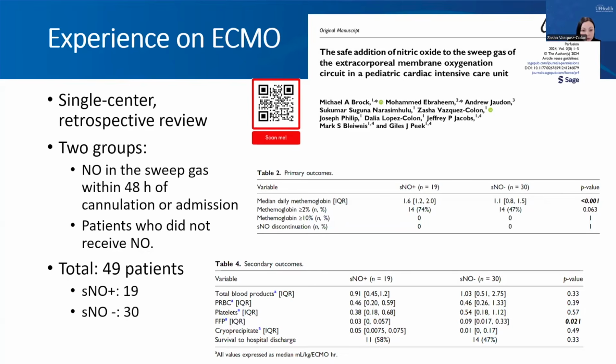In terms of secondary outcomes, we looked at the blood product administration that the patients received as well, and we did see, though it was not statistically significant, a trend of less requirement of fresh frozen plasma in the patients that did receive NO in the circuit.